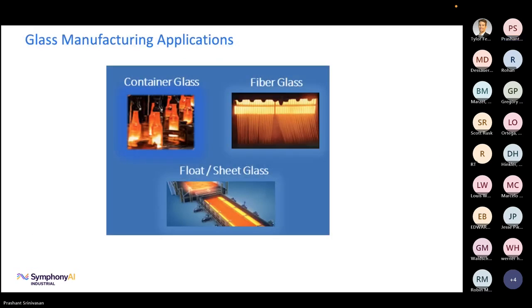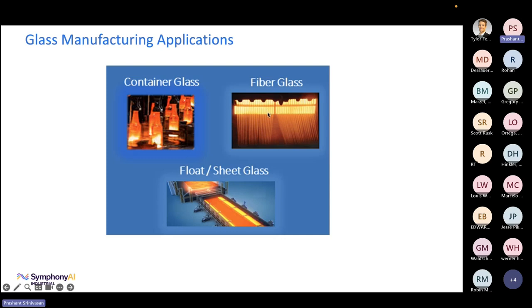So in terms of the applications, now there are many applications for glass manufacturing. These are some of the key applications. So container glass is obviously very popular because glass is still a very commonly used material for both the food and beverage industry as well as the pharma industry. And then, of course, you have fiberglass.